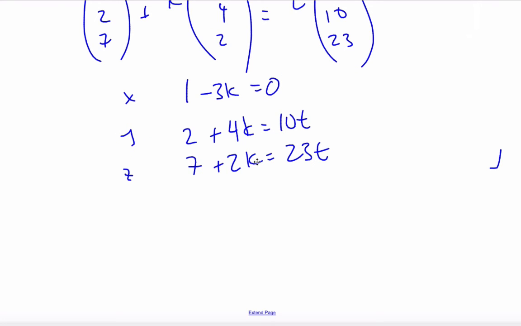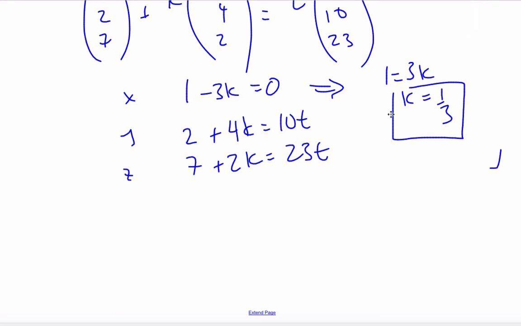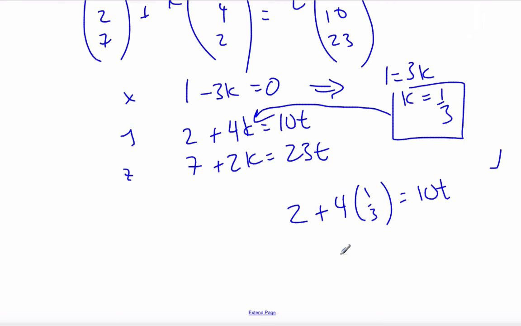3 equations, 2 unknowns. I only need to take 2 of them, and I should check it in the third one. If I take this first one, I can see that 1 is equal to 3k, and so k is equal to 1/3. Here's what k is. I can take that and solve it for t here. 2 plus 4 times 1/3 is equal to 10t. And I get 6/3 plus 4/3 equals 10t. 10 over 3 is equal to 10t.